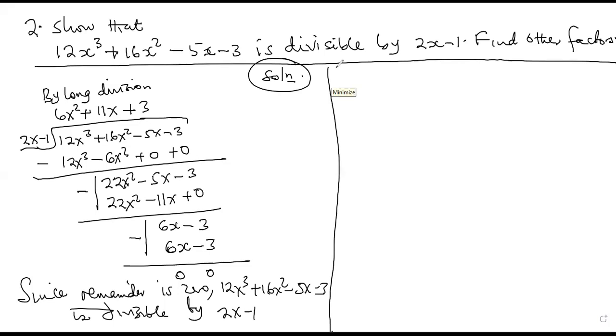Okay, now to summarize the whole gap, let's see how we get other factors. What does it mean? The moment you have proved that it is divisible, write the general form.